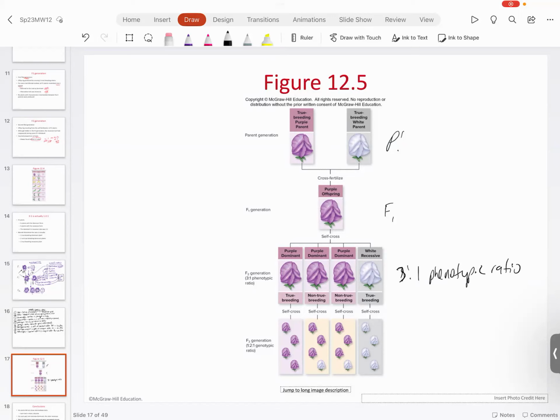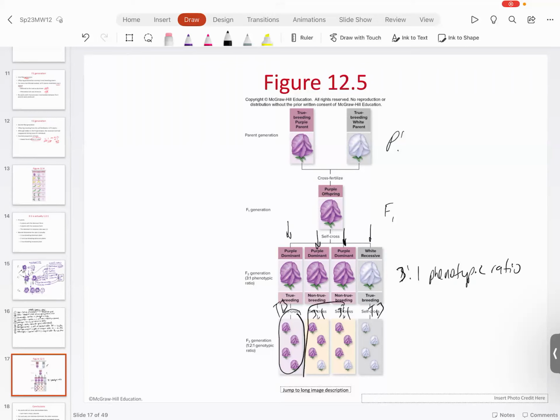Well, what he did was he took these guys here and selfed them. And what he noticed was that these guys were true breeders for purple. Then he took this guy and selfed it, and this was a 3-to-1. Took this one and selfed it. This was a 3-to-1. He took this one and selfed it, and this was a true breeder.